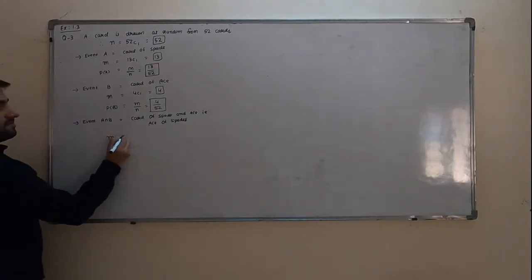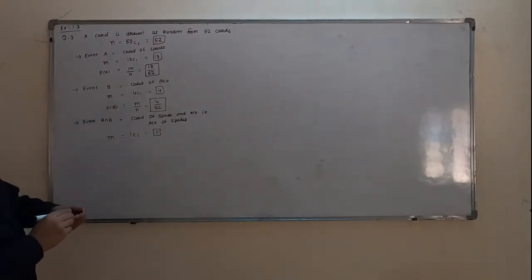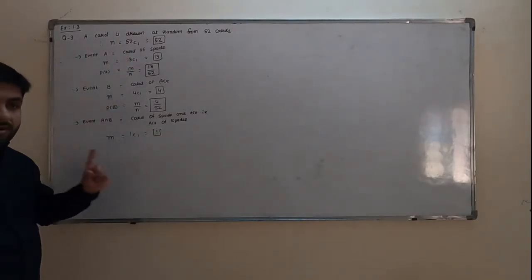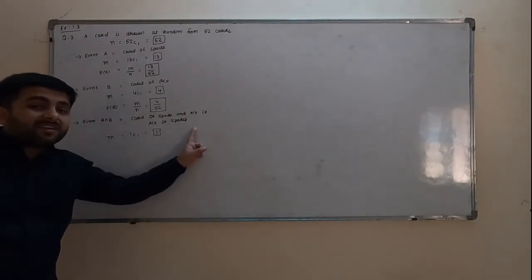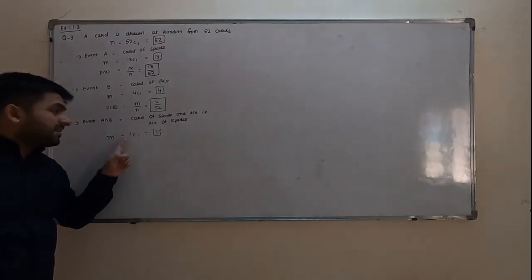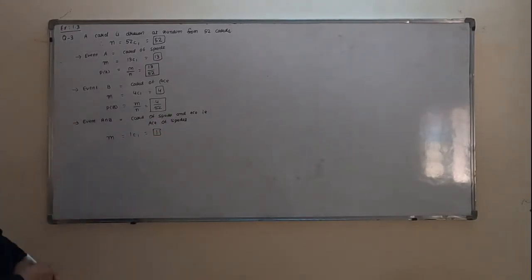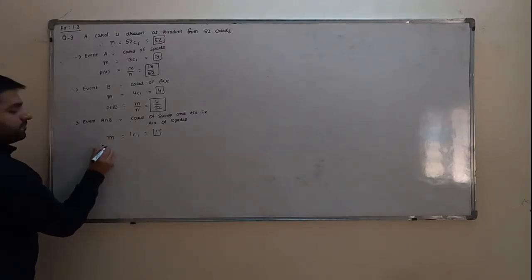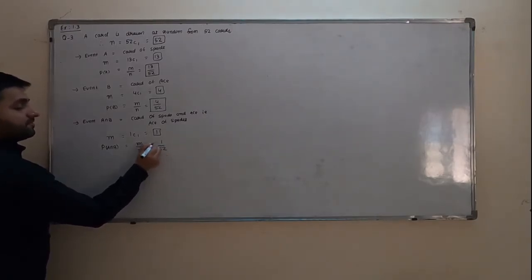Now for that m is equals to 1c1 is equals to what? Why 1c1? Because in 52 cards, there is only one કાળીનો એકો. આખા 13 પત્તામાં કાળીના પત્તા તો એક જ હોય એટલે 1c1 એટલે કે ace of spades is only 1 in the 52 cards, so 1c1 is 1. Now p of a intersection b m by n 1 by 52.